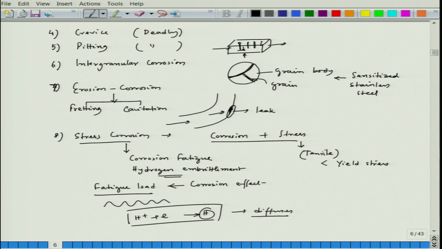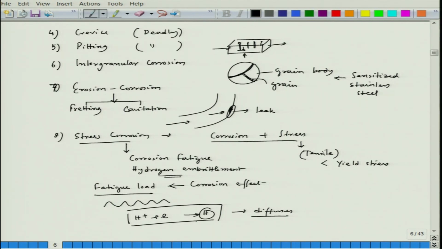That means it reduces the load carrying ability. That is what is called embrittlement, and hydrogen can induce embrittlement in different ways. One is it reduces the cohesive force between the atoms of that particular metal, or it can react with some of the elements of the metal. For example, with zirconium, a zirconium hydride can form. Those hydrides are very brittle in nature, and those brittle hydrides can break when there is a load effect.